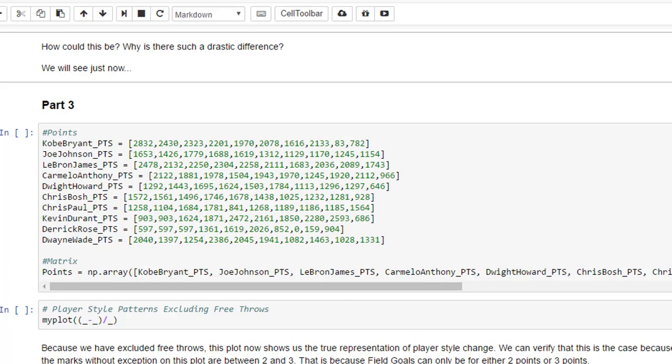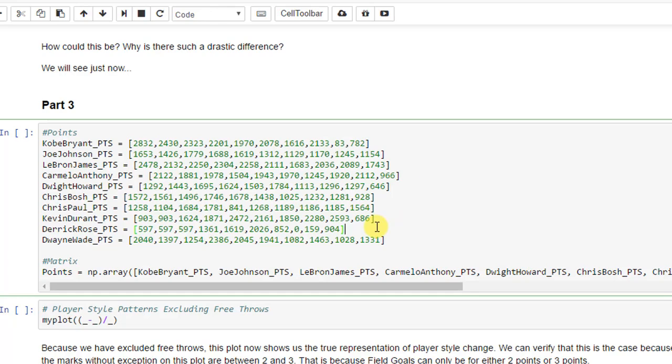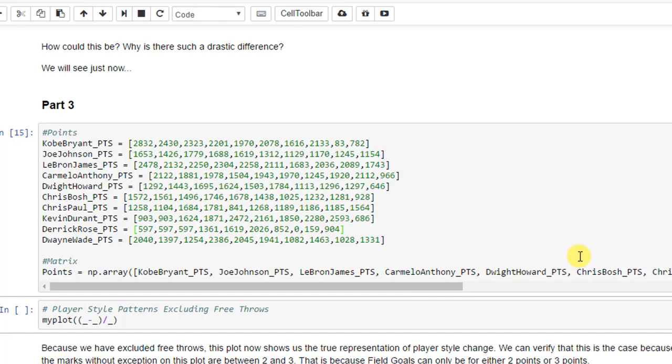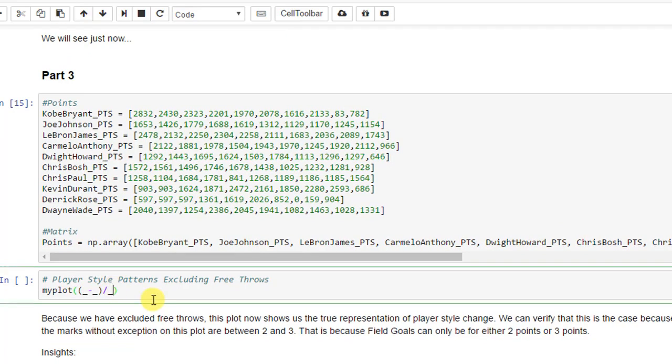Again, we will need the points matrix that we used in the lecture. All right, we run that, and we must fill in the blanks here.